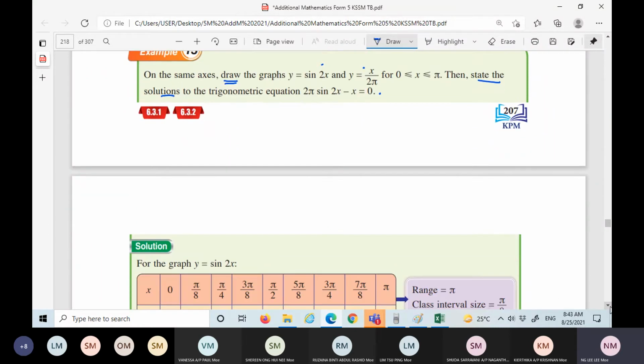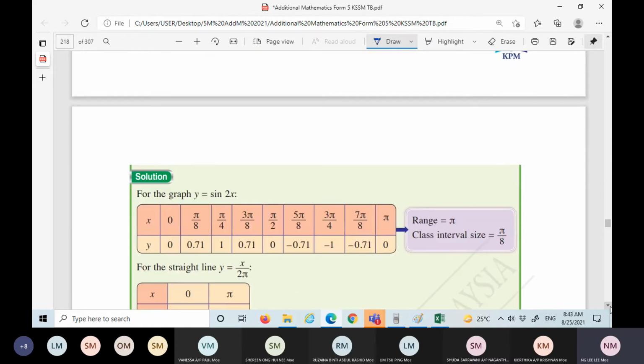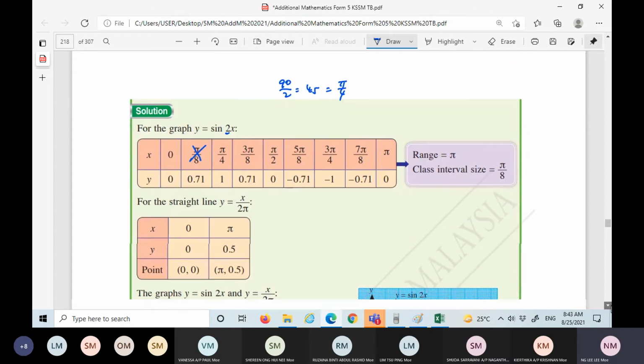So we start with sin 2x. This one also uses the table method. The b here is 2, so 90 divided by 2 is 45 degrees. 45 degrees just now is pi over 4, I remember. So this one they did extra already; you actually don't need to get it. If you want to get it, that is good, so that the shape of your graph will be nicer.